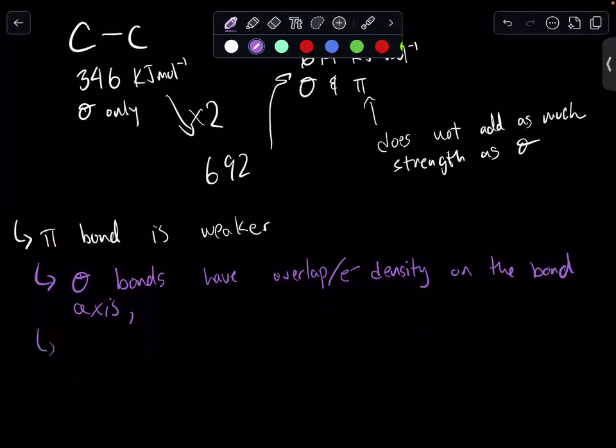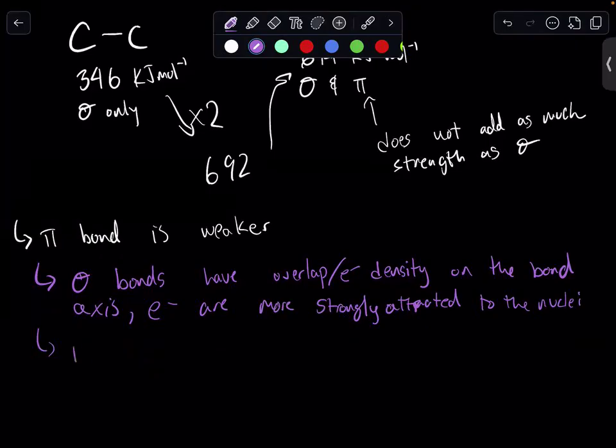Electrons are more strongly attracted to the nucleus or nuclei of both atoms.